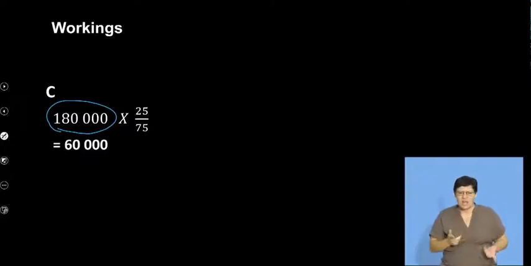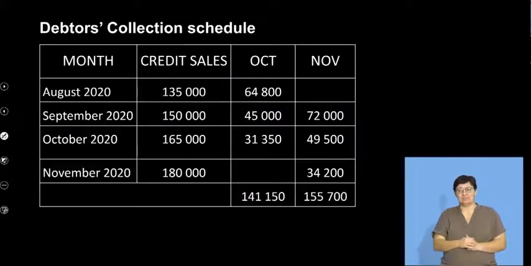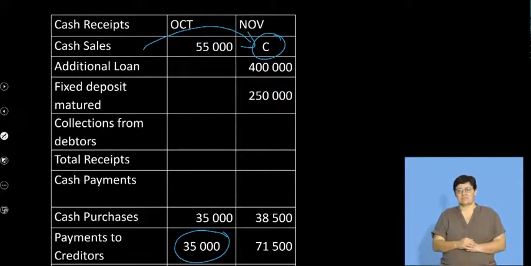The reason you are doing this calculation is to determine, watch here, let's just have a clear indication of what we have here. We want our cash sales for November. That's the figure that we're looking for.